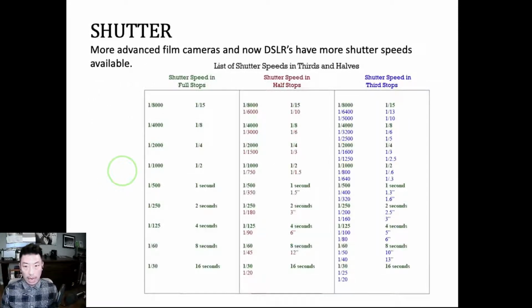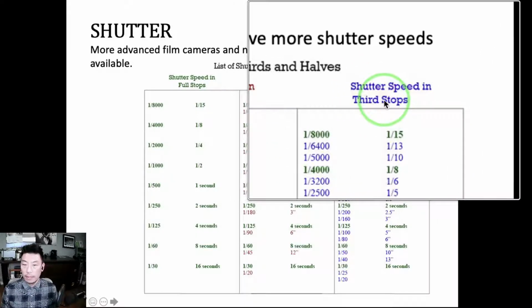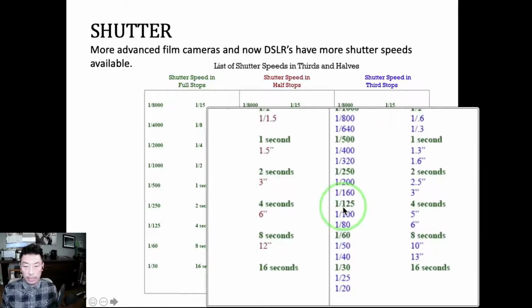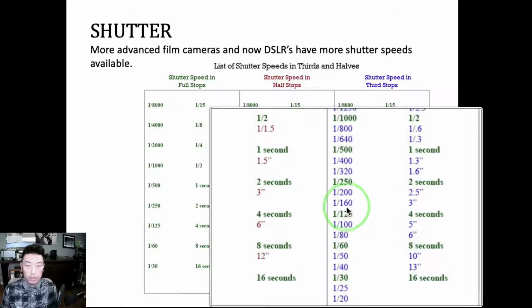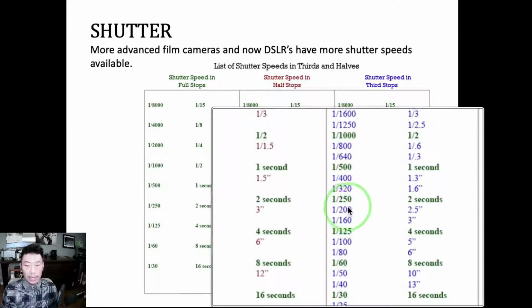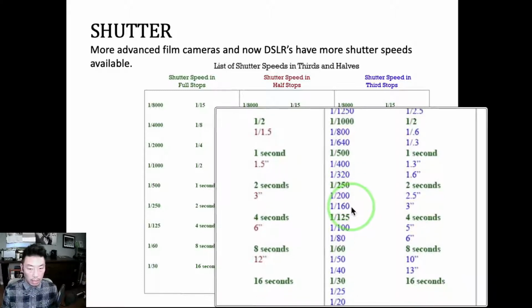Similarly to apertures, your shutter speeds also have it broken down in third stops. So if you were to go to 1/125th of a second and you wanted to make your shutter faster to 250, you would see 1 over 160, 1 over 200, and then finally 1 over 250. These numbers in between are incremental shutter speeds or third stops.